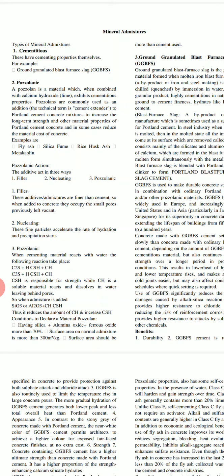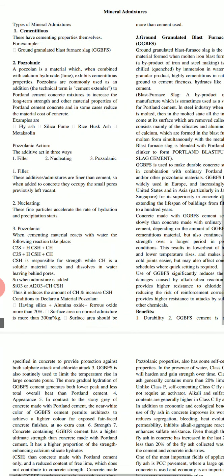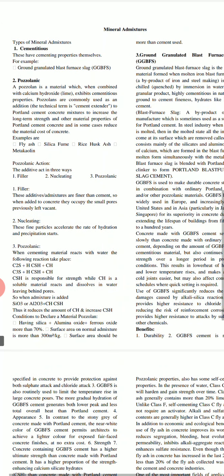Pozzolanas are commonly used as an addition to Portland cement to increase the long-term strength and other material properties of Portland cement concrete. Nowadays this is a very trendy use, because when you use pozzolanic material, the concrete gives better strength compared to plain Portland cement concrete. So what are those pozzolanic materials?